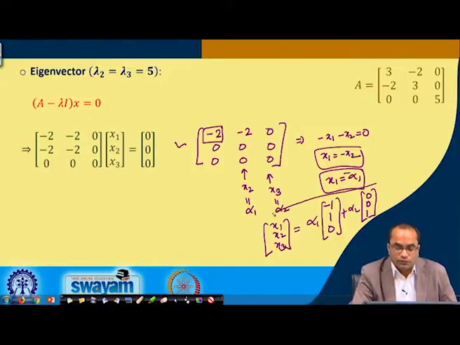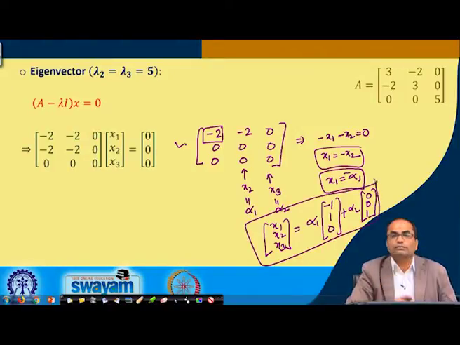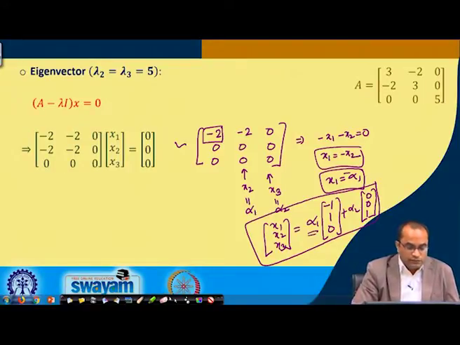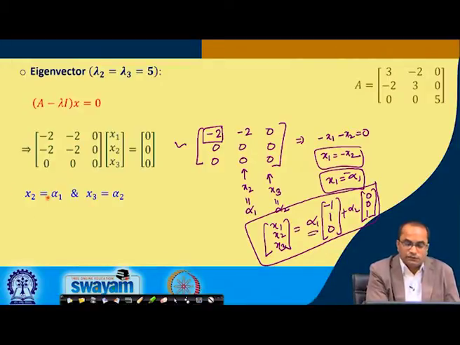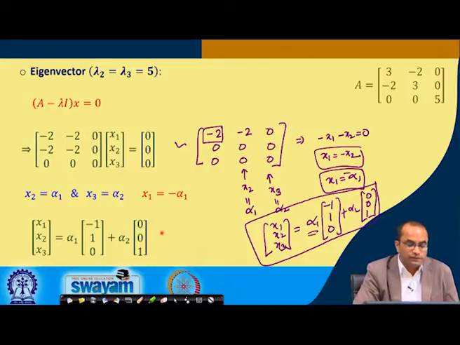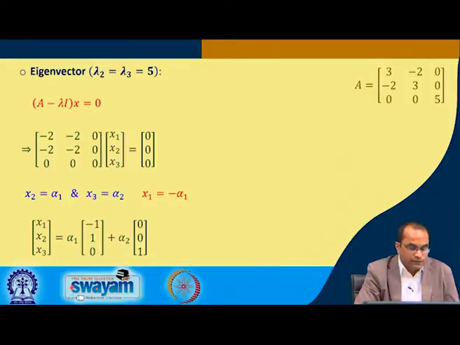So, this is the solution of this system of equations: x 1, x 2, x 3 is alpha 1 times minus 1 1 0 and alpha 2 times 0 0 1. This is exactly what is written here. x 2 we have chosen as a free variable, x 3 also a free variable, and x 1 is coming as minus alpha 1, which we have evaluated.